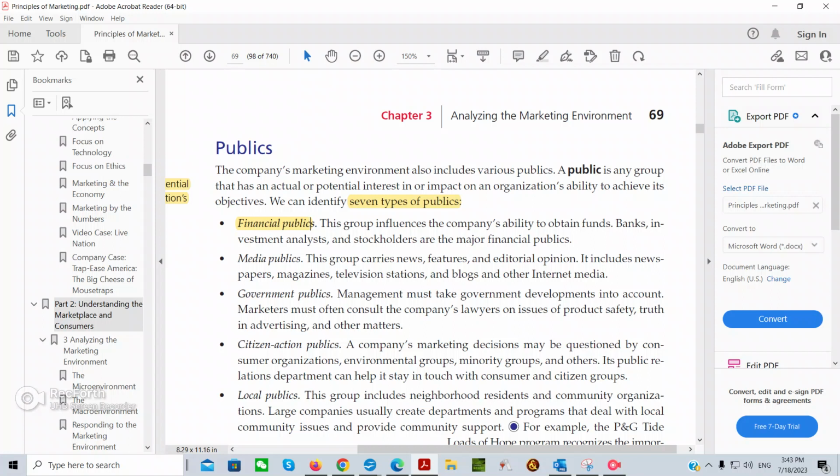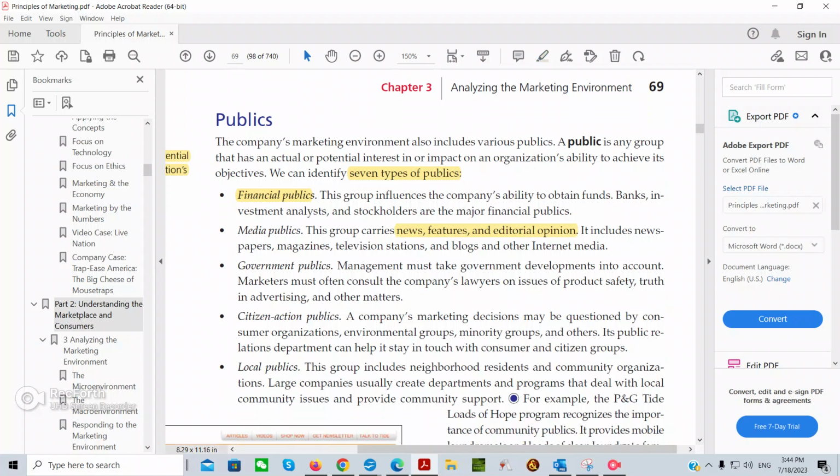Now, number 2 is your media publics. They carry news, features, and editorial opinions. As you probably figured out by the word media, right? It includes newspapers, magazines, television stations, blogs, and other internet media.